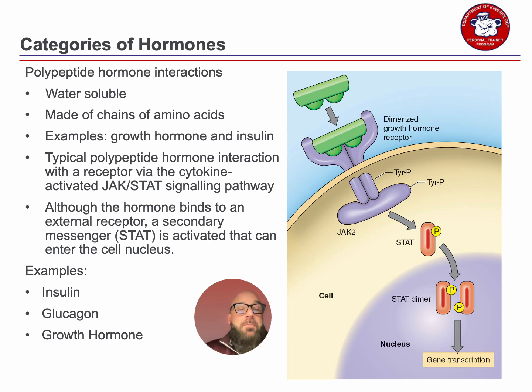parts. Although hormones bind to an external receptor, a secondary messenger is activated that can enter the cell nucleus. So you see in this example here, where in the first example, the hormone went through and actually had that reaction. If you want to scroll back, you'll see the hormone actually had the reaction inside of the cell. This one's a little different where the interaction happens on the outside of the cell membrane.